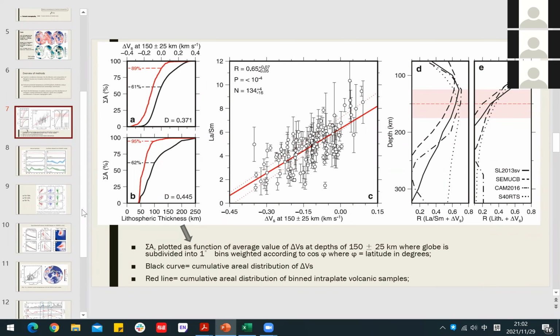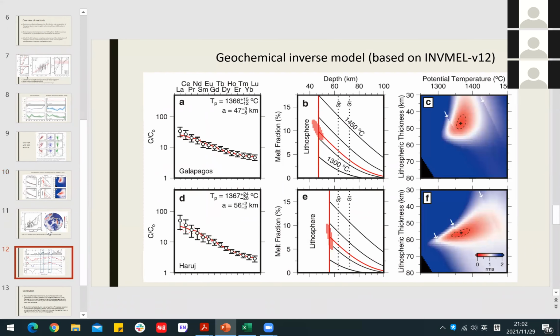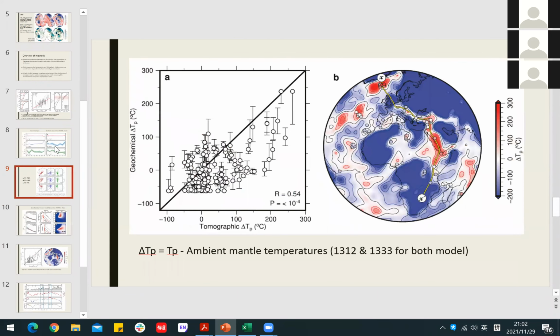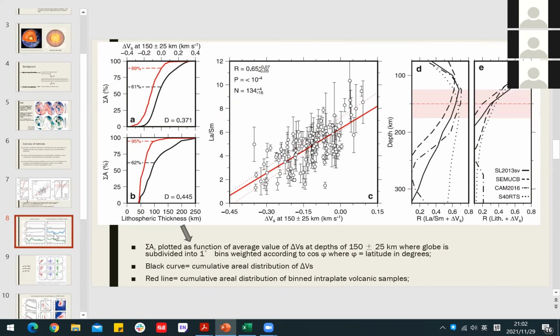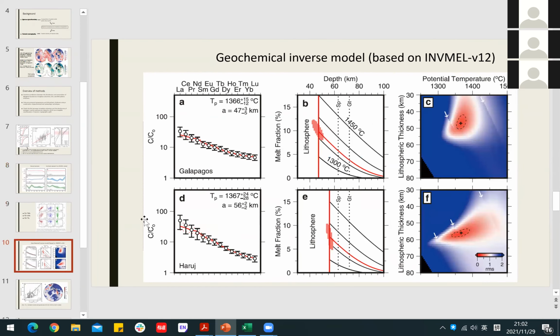Oh, okay. Maybe I ask another one. There's a code called MELT-IN or something, right? I think you showed it in one of your slides. I think it probably stands for a melting inversion or something. Okay, let me find that. It's this one.